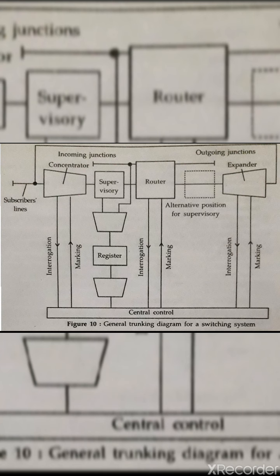In a basic Strowger step-by-step system, each concentrator is a group of customers' uniselectors and each expander is a group of final selectors, since distributed control is used. There are no registers and no central control.